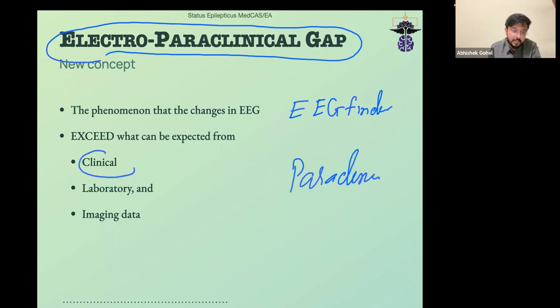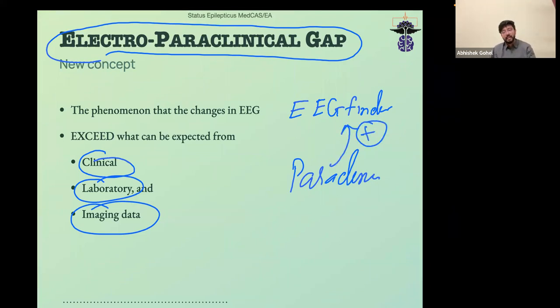Paraclinical in the sense the clinical, laboratory, and imaging data. So if your EEG findings exceed your paraclinical findings, that means there is an electroparaclinical gap. I'll make it more clear by two examples subsequently.